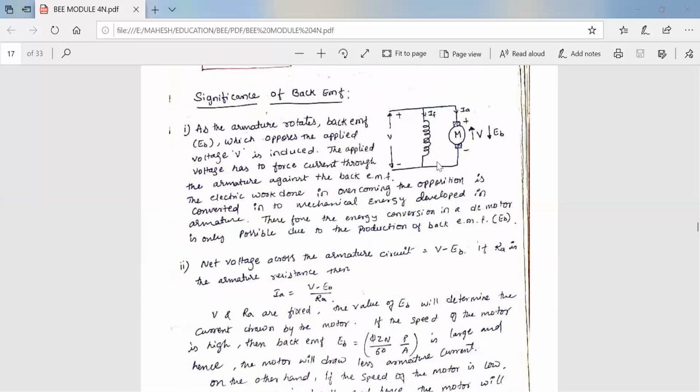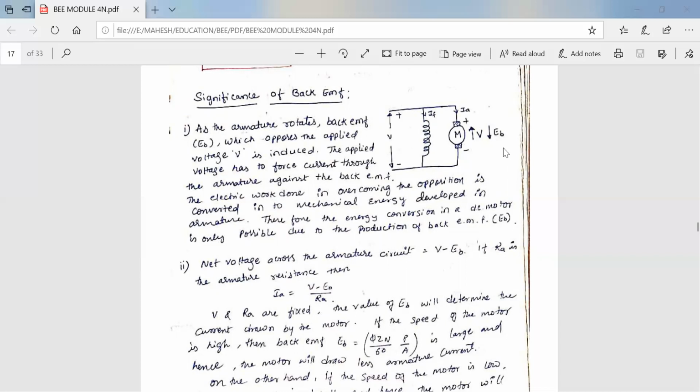For example, if I take a shunt motor, here you can see that voltage is given to the motor. Whenever the voltage is given, the armature starts rotating and EMF is induced. In the circuit you can see that the direction of the voltage is upward, whereas the induced EMF is in the downward direction.